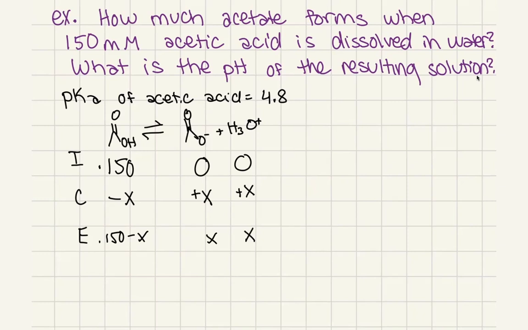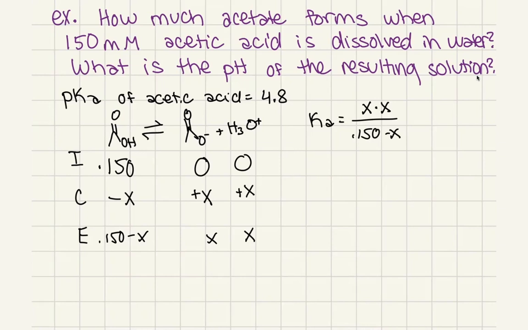And now we're going to plug those into our Ka equation. In this case, Ka is going to be equal to the X from the acetate times the X from the hydronium over 0.150 minus X. And remember that we're not given the Ka, but we are given the pKa.